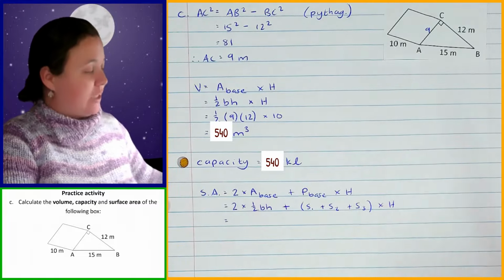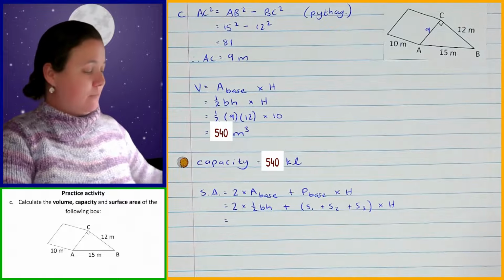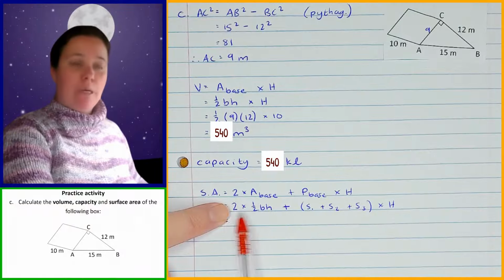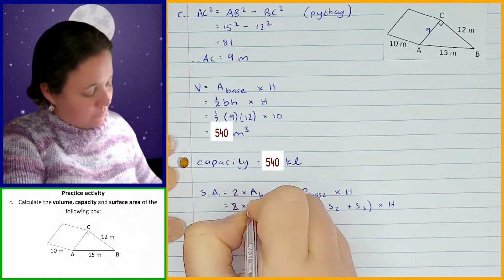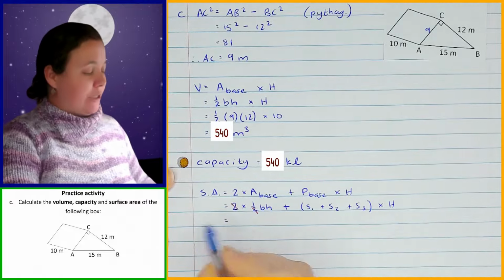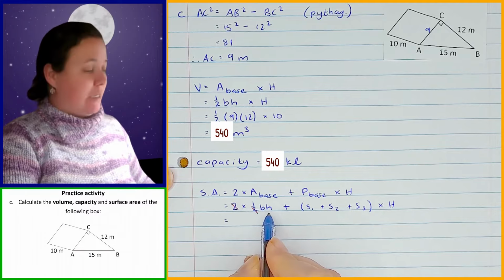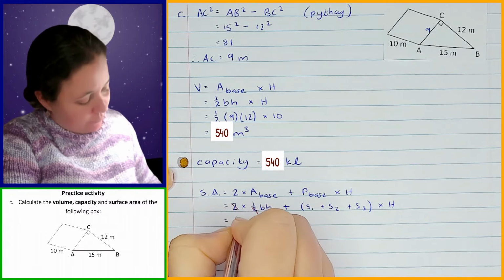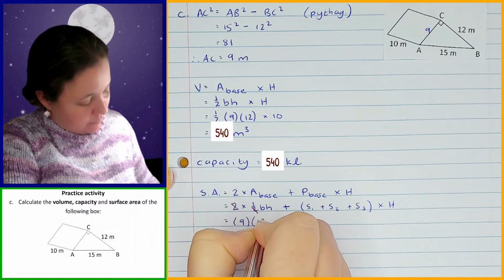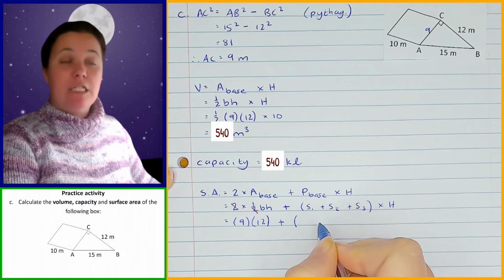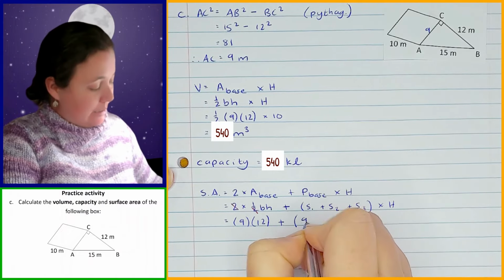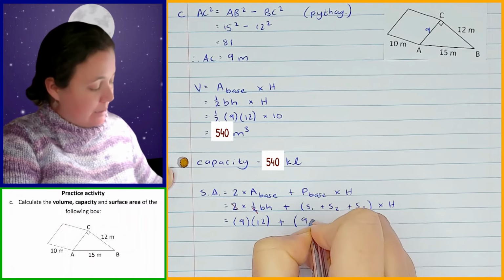Okay, now over here, before I do this, the half and the 2, when I multiply them together, they cancel each other out. So I don't have to worry about that. I'm just going to be doing my base and my height. So 9 times 12 plus, in brackets, I've got the 3 sides of my triangle. So 9 plus 15 plus 12.